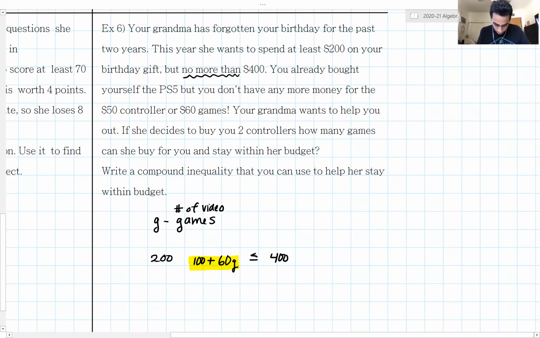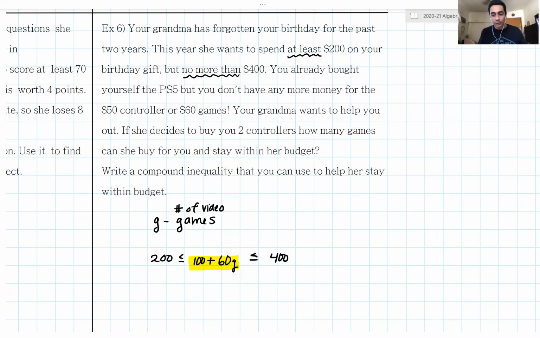Okay. And then what about 200? She wants to spend at least 200. So she wants obviously to spend more than 200, but also she can spend exactly 200. So she, for whatever reason is like, I don't want to get him that much, at least 200.